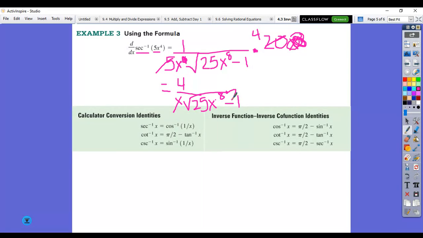I'll be honest, these co-identities I don't usually mess up with a whole lot. You might want to include them in your notes if you end up taking your notes to college and want a reference to them.